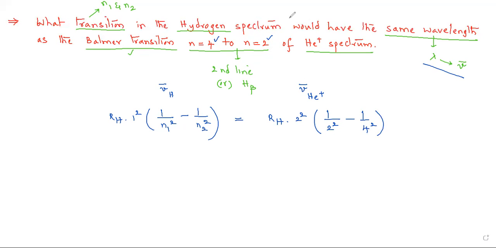Hope this is clear. So RH get cancelled. Now this can be written as 1 by N1 square minus 1 by N2 square is equal to, say this is 4, this is 1 by 4, and this is 1 by 16.